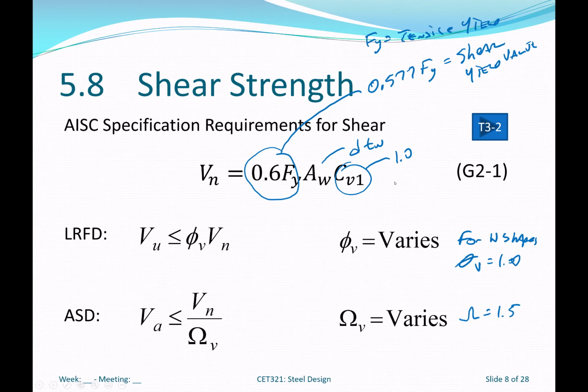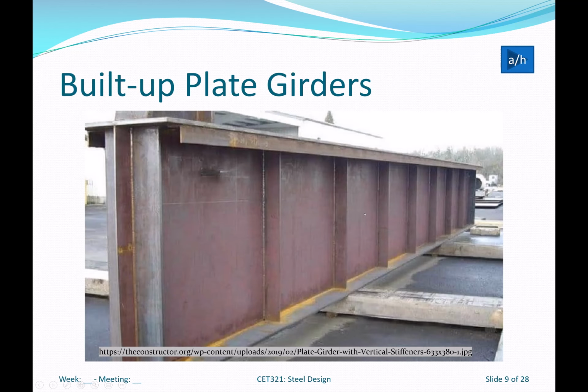So wide flange beams, one thing, built up plate girders, different. Still similar, we still have an H and we still have a TW, but you can obviously see the differences in the ratio. Now some other things that come into play are what we refer to as web stiffeners.